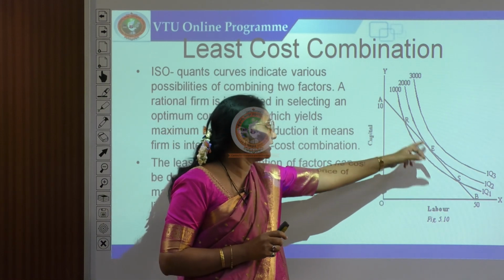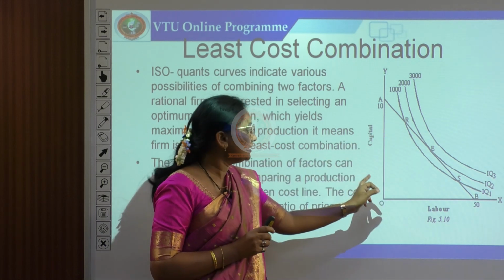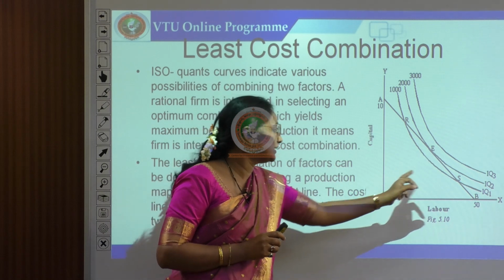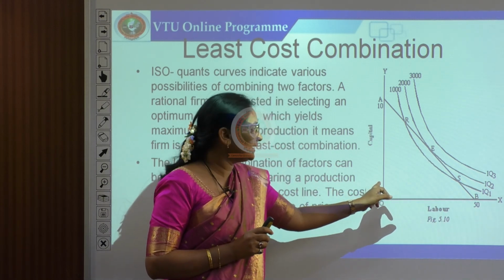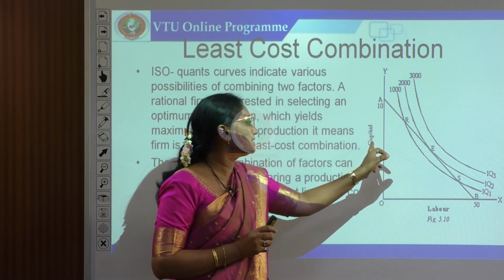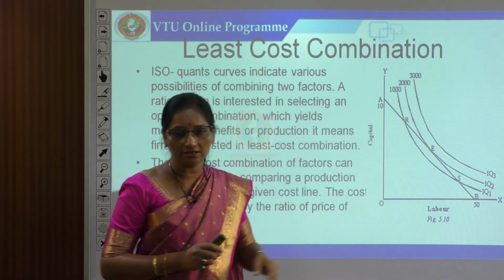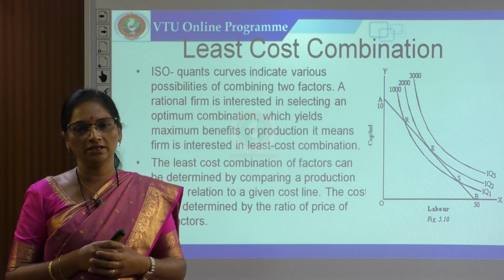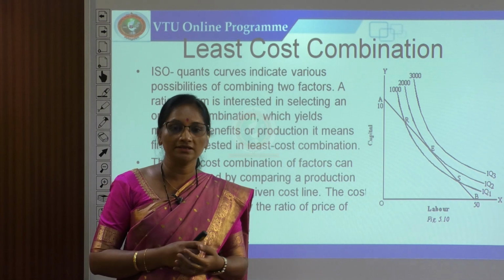In the R combination, it is more capital and less labor. The S point is more labor and less capital. But in the E combination, the capital and labor almost match each other. If you have machines in the organization but less labor, then how you can manage those machines is the question.